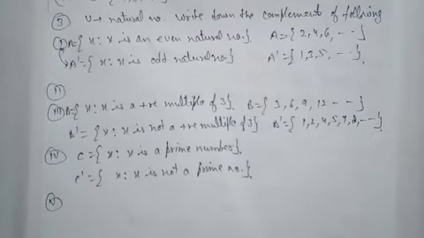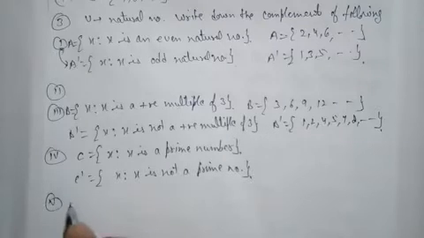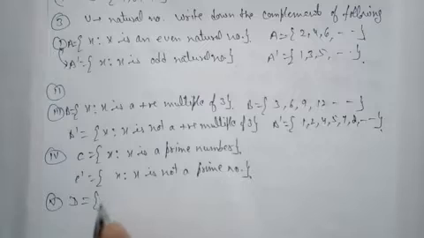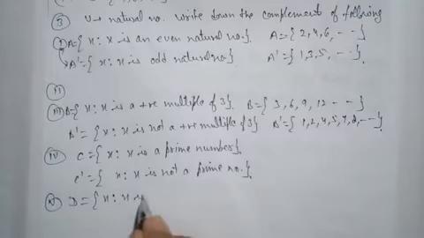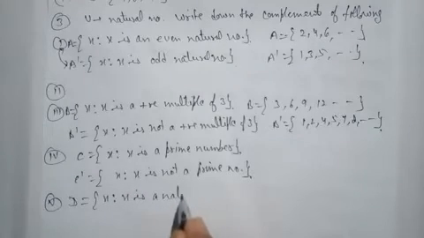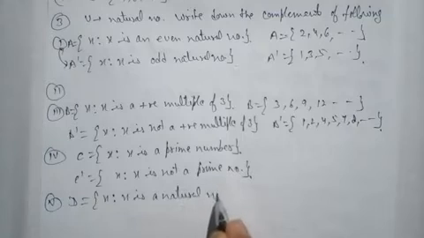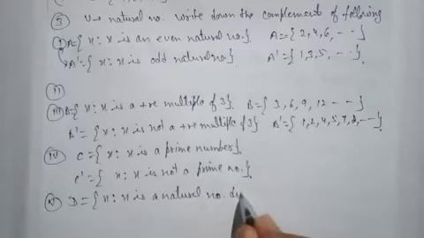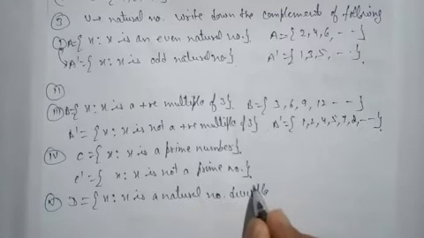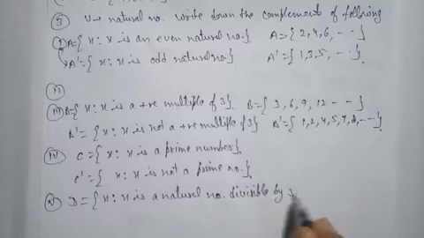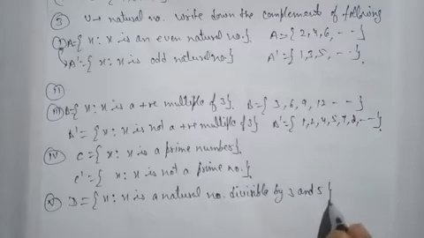Fifth, x is a natural number divisible by 3 and 5. Let this be D, x such that x is a natural number divisible by 3 and 5.